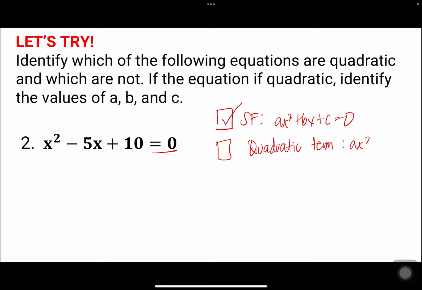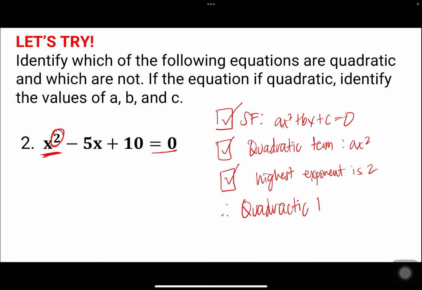May ax squared ba? Yes, meron po tayong naka-x squared. And obviously, highest exponent po ba natin is 2? Yes, 2 na po yung pinakamataas. Therefore, this is a quadratic equation.